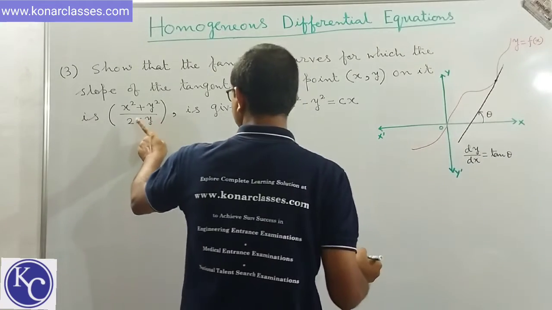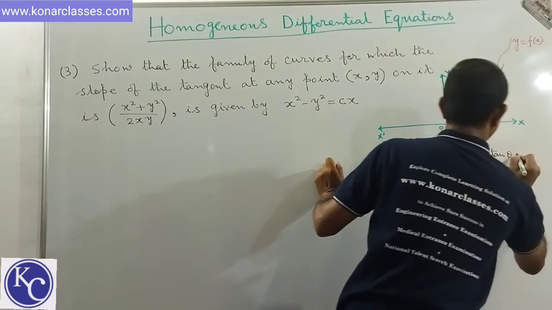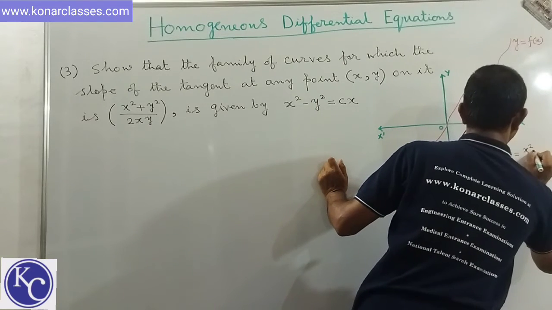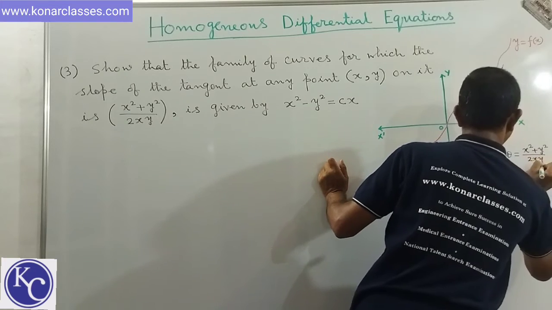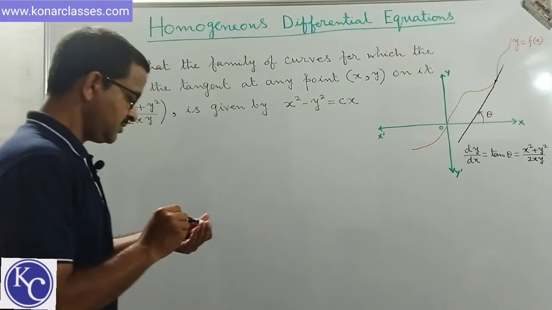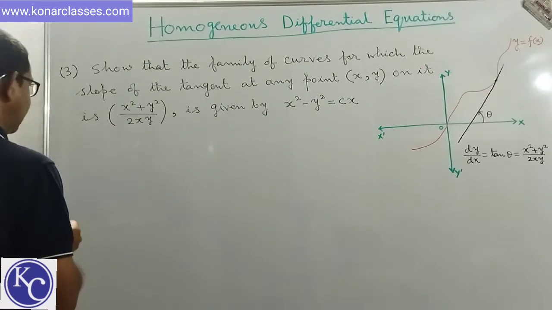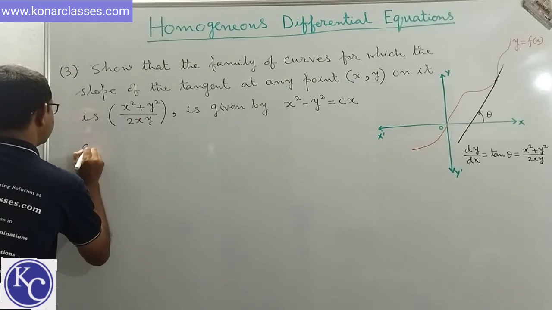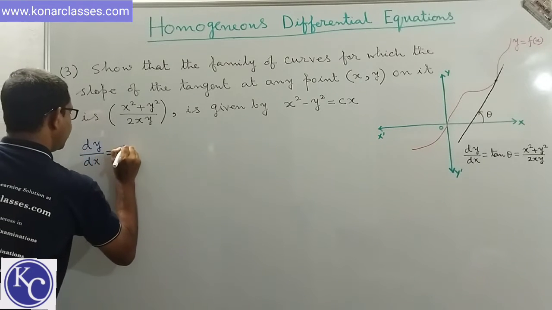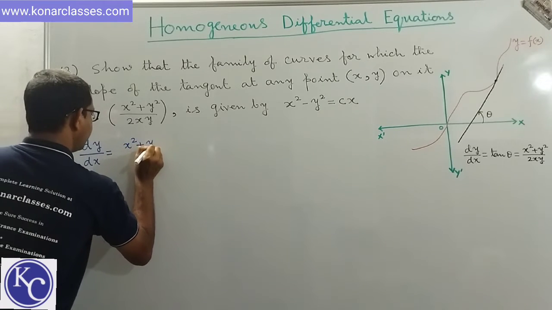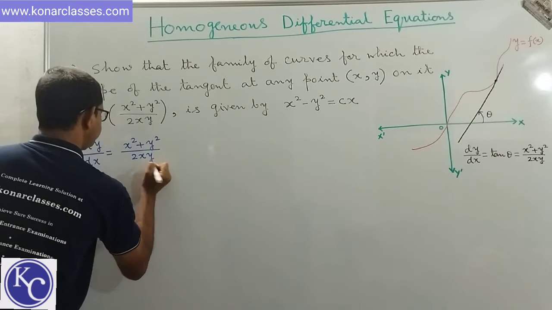And according to the question, this dy dx is equal to x square plus y square by 2xy. So dear students, from this problem statement, what we are able to interpret is that dy dx is equal to x square plus y square divided by 2xy.